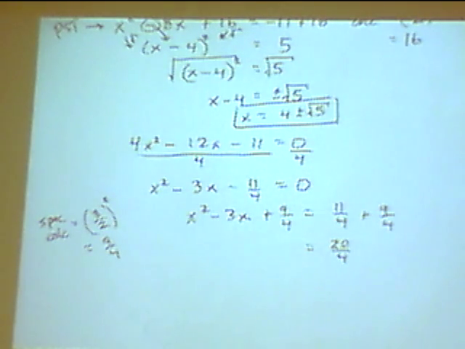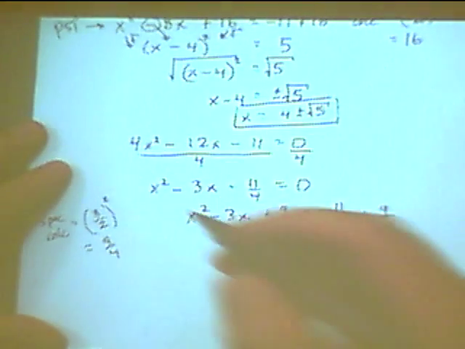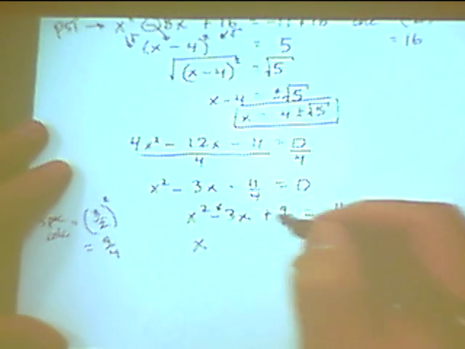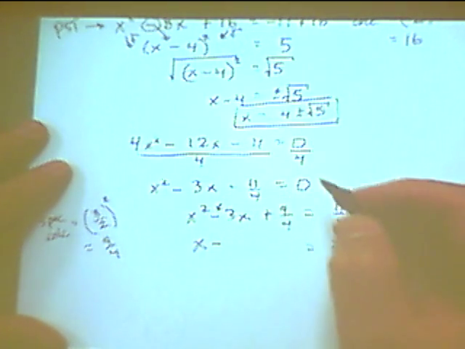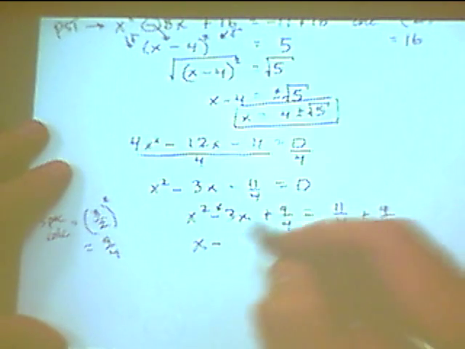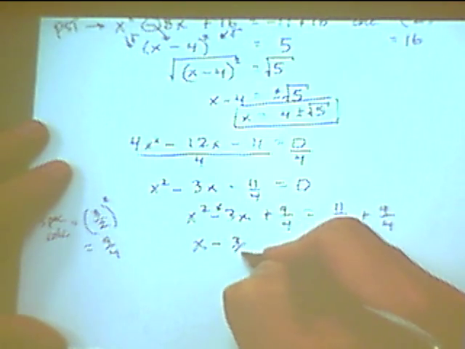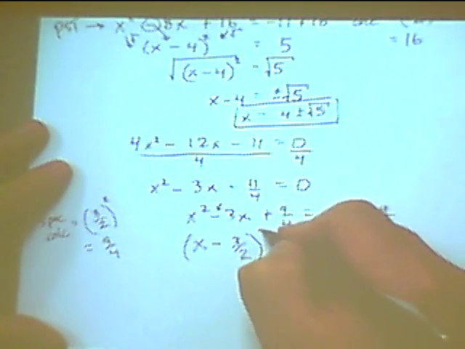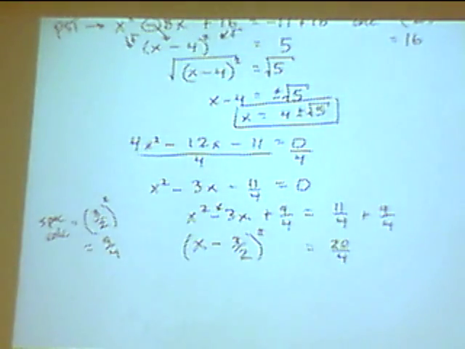Now the left hand side, once again, is a perfect square trinomial. The way you factor a perfect square trinomial is you take the square root of x squared, which is x, you use the sign of the middle term, which is minus, and then you take the square root of your third term. The square root of 9/4 is 3/2. So you get x minus 3/2, and that whole quantity squared.